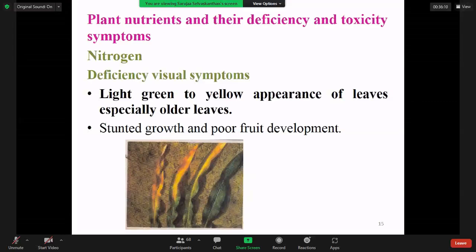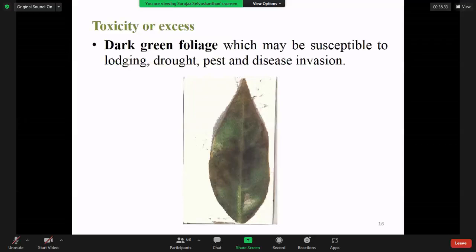If the plant produces grains with lower protein content, from that also you can identify that your plant is undergoing slight nitrogen deficiency.